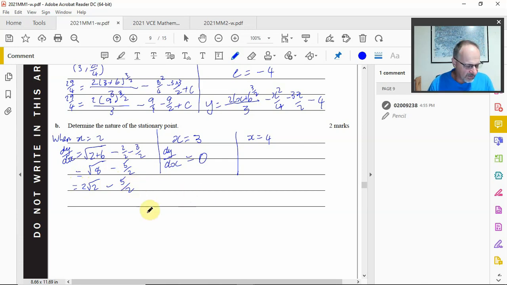What I'm really interested in is whether this is positive or negative, because we want to know what's happening either side of this. Is it going up and then down, or is it going the other way? So I need to know what the gradient is.